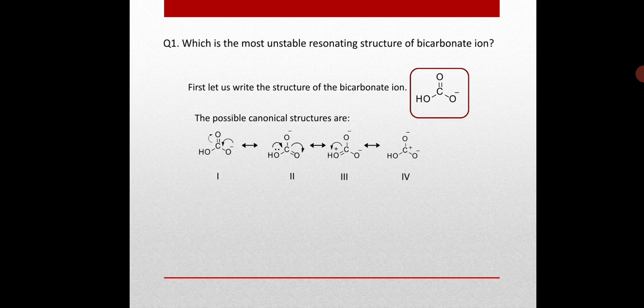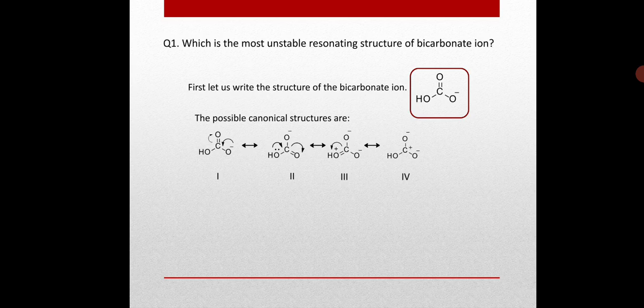So which is the most unstable resonating structure of bicarbonate ion? You see, in structures 1, 2, 3 and 4, the number of covalent bonds is the same, except in structure 4, where the number of covalent bonds is least. So structure 4 will be the least stable structure. So we have reached our answer: 4 is the most unstable resonating structure of bicarbonate ion.